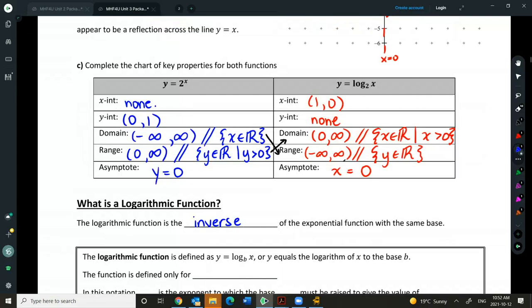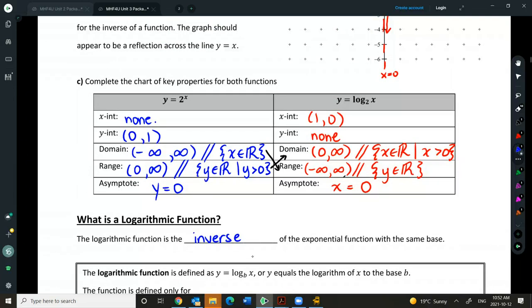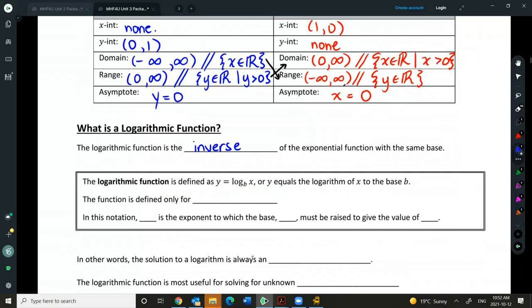Okay, so looking at our domain above, this function will only be defined for x's that are greater than 0. So it's only defined when x is greater than 0, meaning we can't have negative values, or we can't even have 0 in for x.